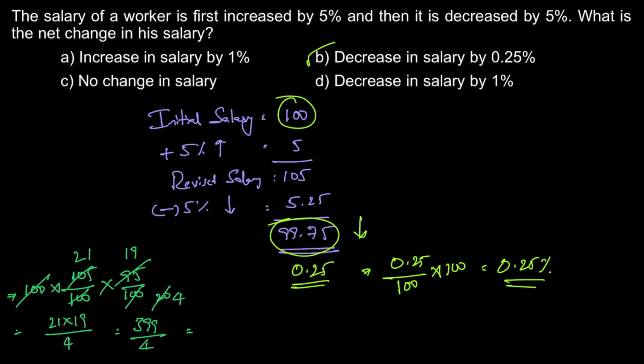You can write like 400 minus 1 by 4, equal to 100 minus 1 by 4, which is 0.25, equal to 99.75. Even if you calculate here also, the result will be 99.75 and there is a reduction of 0.25%.